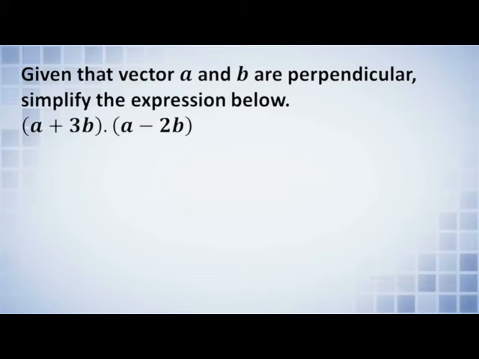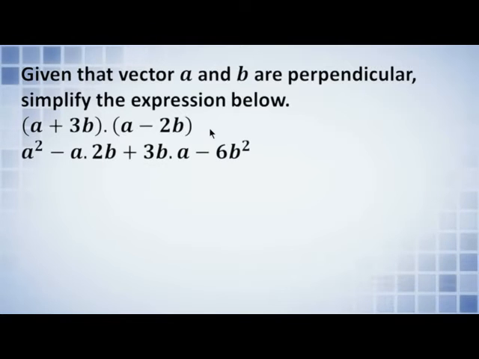Given that vectors A and B are perpendicular, simplify the expression below. How to simplify this expression? First, we need to expand this expression. A multiplies with all the components here and 3B multiplies with all components here. We expand the expression, and we'll get this expression: A squared minus 2A dot 2B plus 3B dot A minus 6B squared.